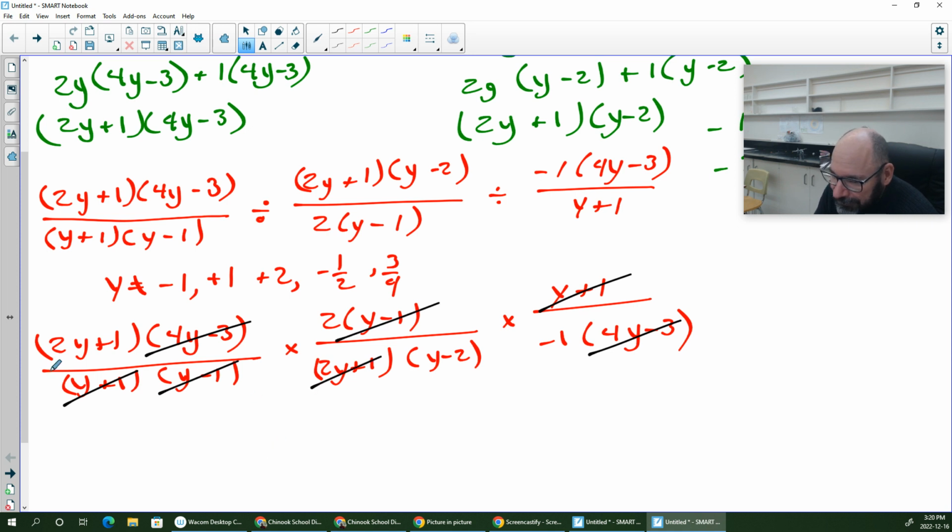This one cancels this one. And that is it. So what is left on top? Just the 2. What is left on the bottom? Just y, a negative 1 times y minus 2. That's it. And then all of those restrictions.